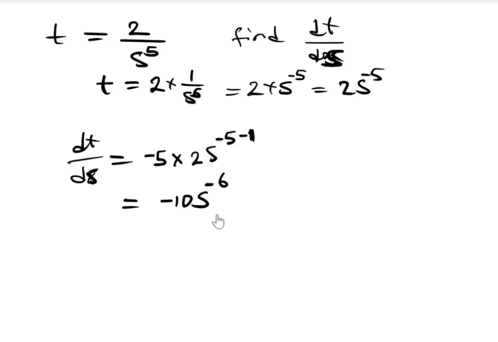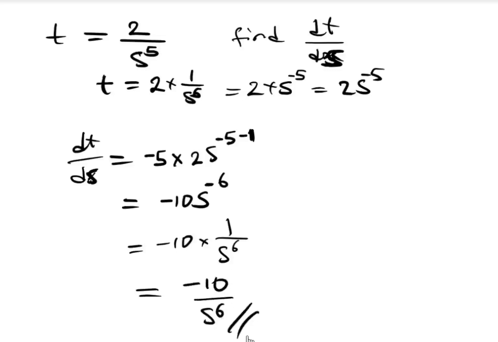This is the answer, although you can still simplify further, which is same thing as minus 10 multiplied by, we all know that s raised to power minus 6 is same thing as 1 divided by s^6, and this is equal to minus 10 over s^6. So this is our final answer.